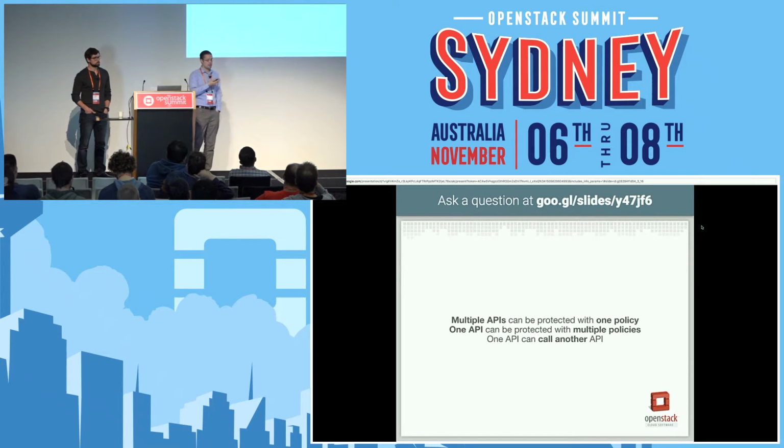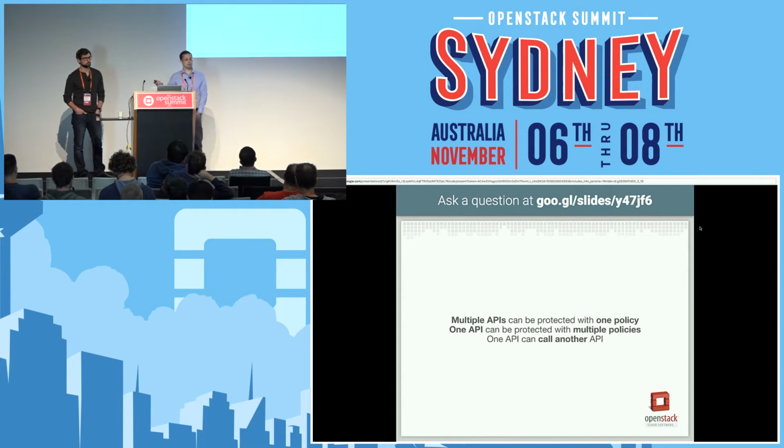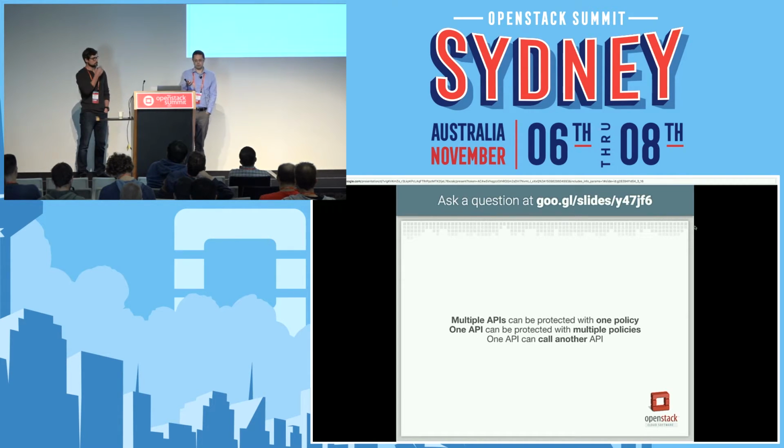And then lastly, an API could end up calling other APIs and be subject to the policy checks that are going to happen there as well. So creating a server is a good example. If I try to create a new virtual machine, what Nova calls a server, it's going to obviously run the policy check in Nova. Let's say it passes that. Then it's going to go and try to talk to Glance to get the image. It's going to talk to Neutron to create the network.